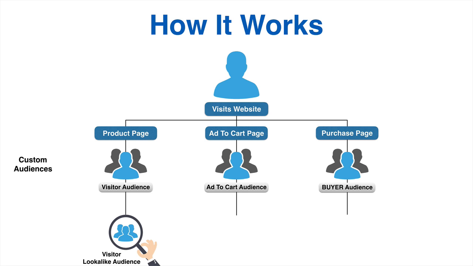Because if you go in and you have 20 people visit your website and you say, okay, Facebook, make me a lookalike audience. Find me out of the 198 million people on Facebook in the United States of America, based off of these 20 people, I want you to find the most similar people in the USA based off this data.